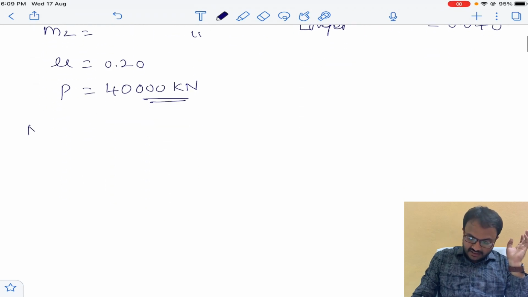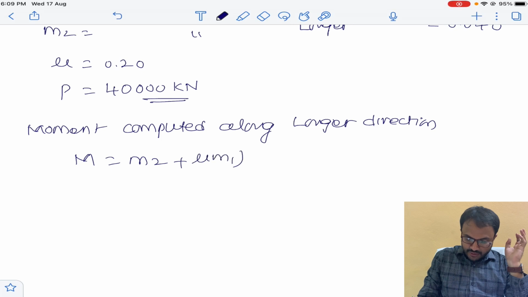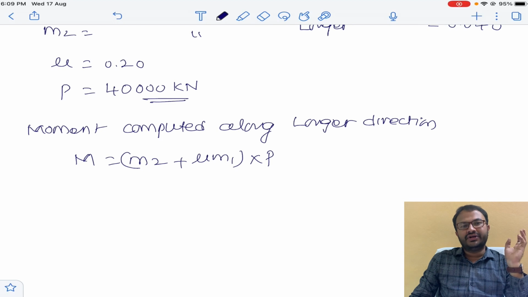Okay, so this is the information that he has given. We need to calculate the moment computed along the longer direction. So M is equal to (m2 plus mu m1) into P. So this is the formula we need to remember.